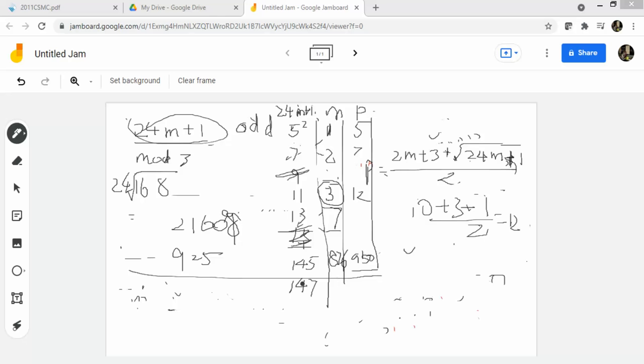Sorry, 147 we tried wrong. So 147 is not valid, because this one is mod 3, so cannot. Right? So it's mod by 3. So we just try 149.